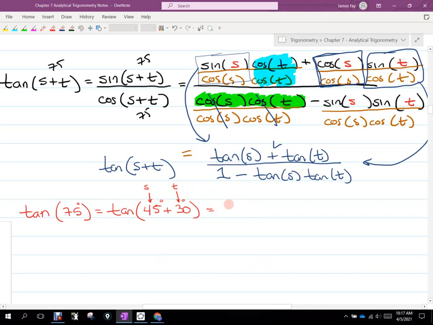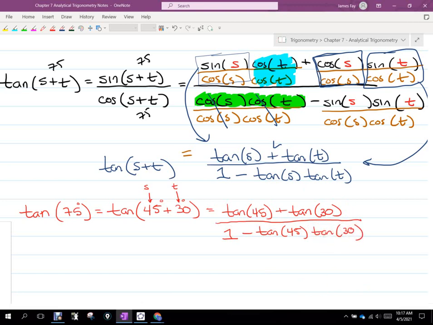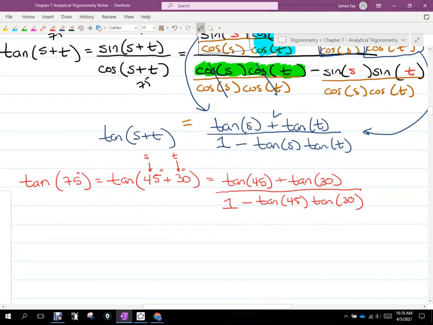So then I go tangent of 45 plus the tangent of 30, all divided by 1 minus the tangent of 45 times the tangent of 30. Is that okay with everybody? Okay. So now help me out. What is the tangent of 45? Anybody remember that from memory?